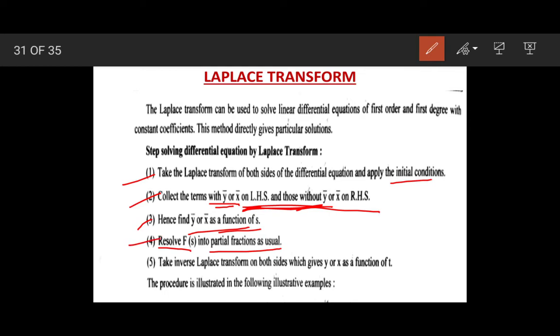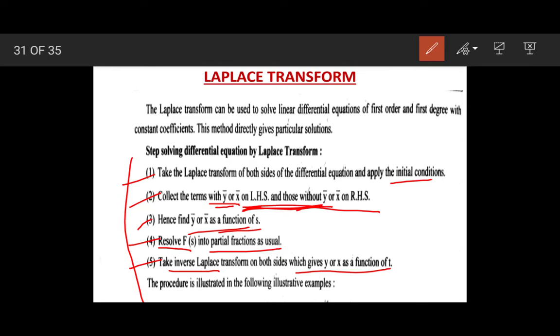Then in the fifth step we will take the inverse Laplace transform on both sides, which gives us y or x as a function of t. Okay, so this is the procedure of solving a differential equation by using Laplace transform. In this we will use the Laplace transform as well as the inverse Laplace transform.